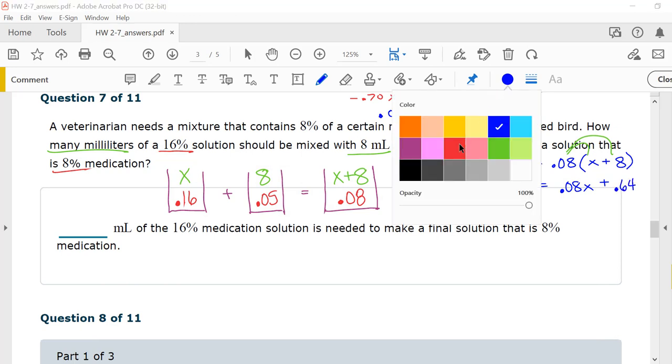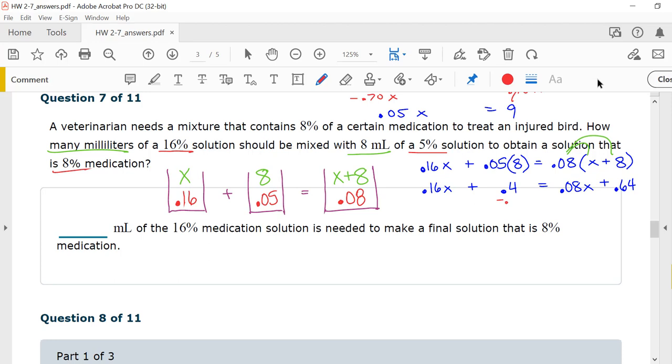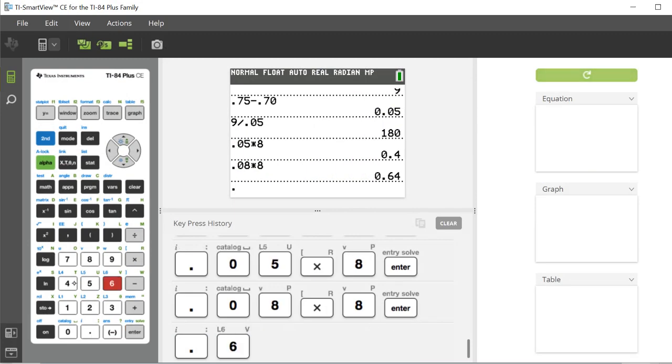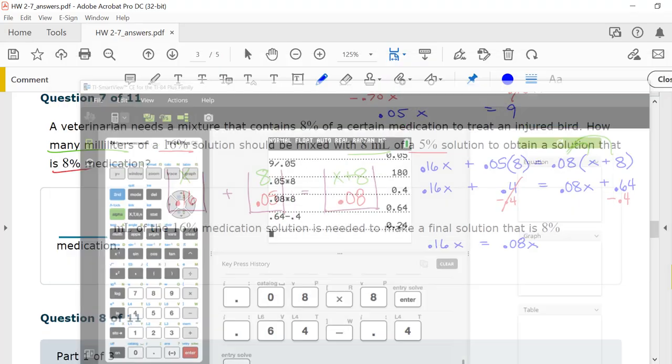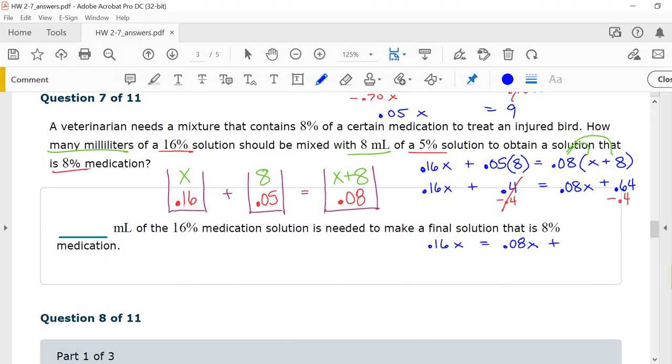I'm going to subtract 0.4 from both sides. I'm left with 0.16x equals 0.08x, and then 0.64 minus 0.4 is 0.24, so plus 0.24.